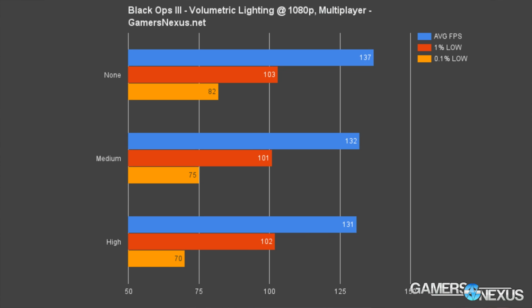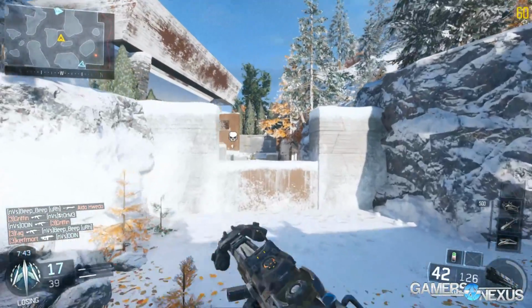Volumetric lighting is the last setting we're talking about here. The rest you've got to go to the article to get more information. Volumetric lighting has about a 4.7% performance range from none to high, giving us another few FPS if you're absolutely desperate for a few frames. We'd suggest running volumetric lighting on at least medium, as it does somewhat noticeably benefit the game's overall aesthetic and visuals.